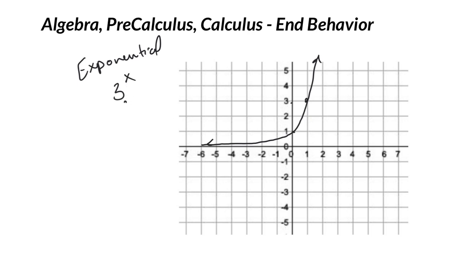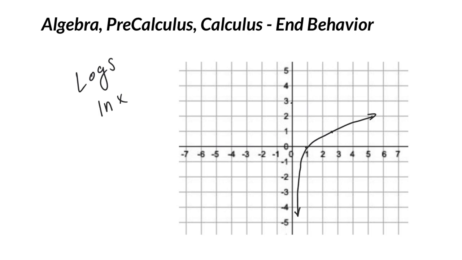It will never become negative. It will never cross this axis. So the end behavior here is as x goes to positive infinity, the outputs also go to positive infinity. But as x goes to negative infinity, the outputs approach 0. So the end behavior here is 0 in the negative direction, infinity in the positive direction.